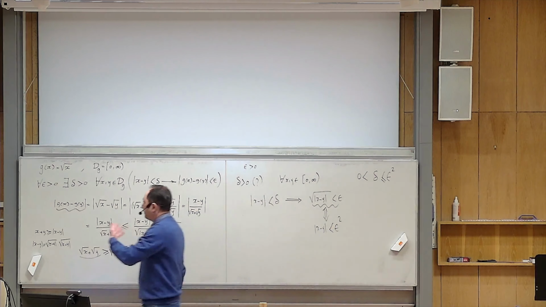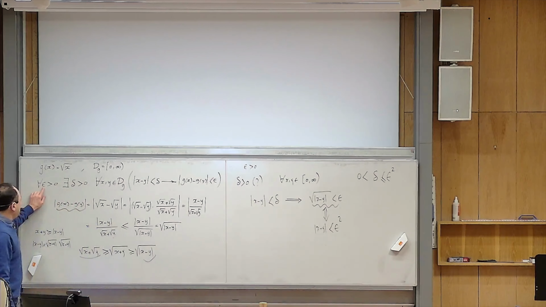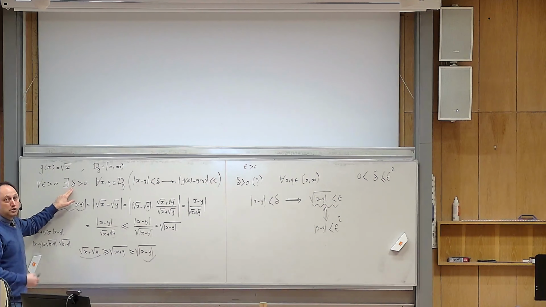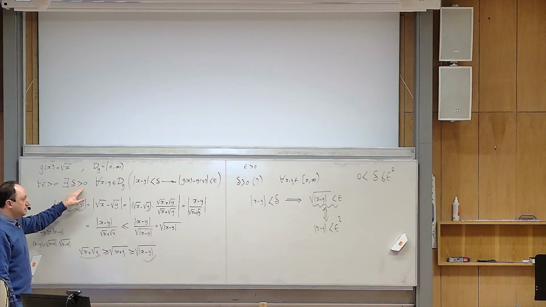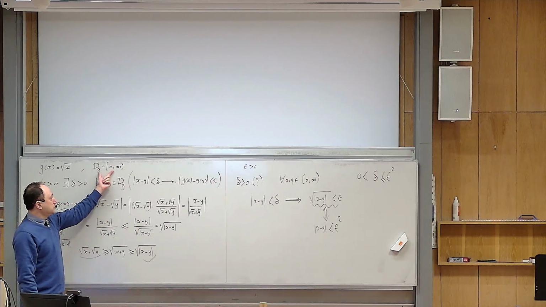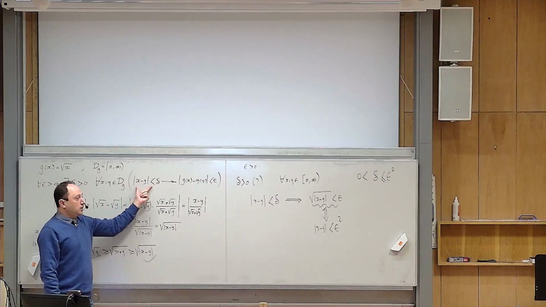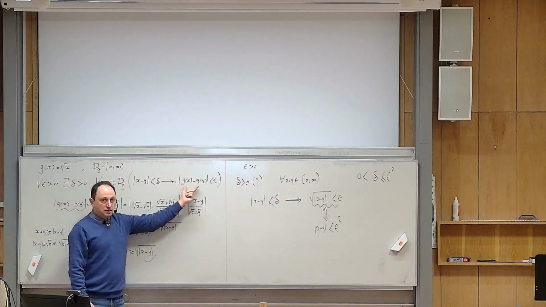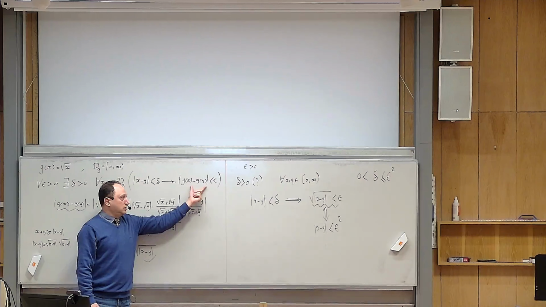Okay, so if I want to review, someone gives me a positive epsilon, my duty is to prove the existence of a positive delta, so that for any pair chosen from this domain, this inequality guarantees this inequality.